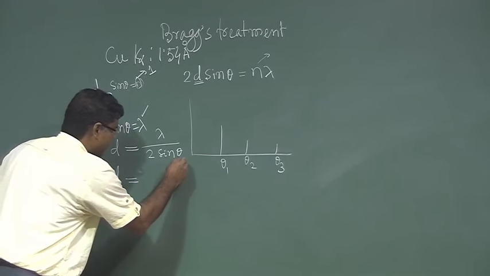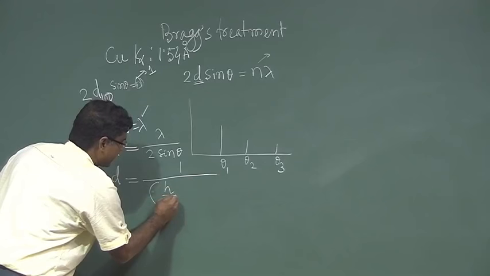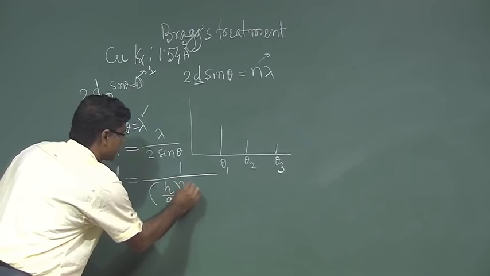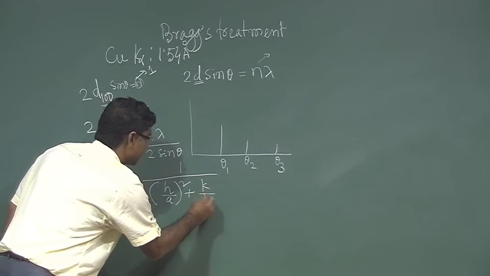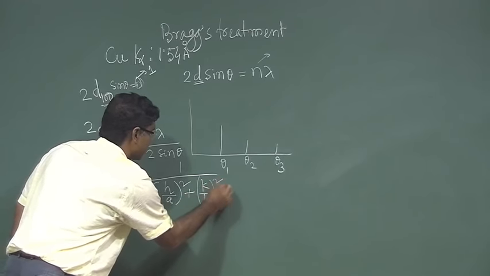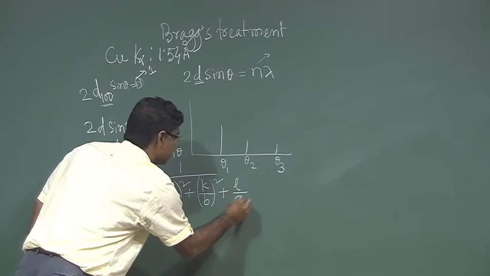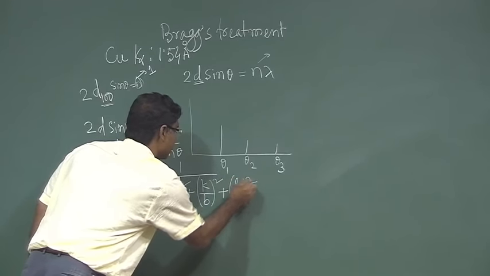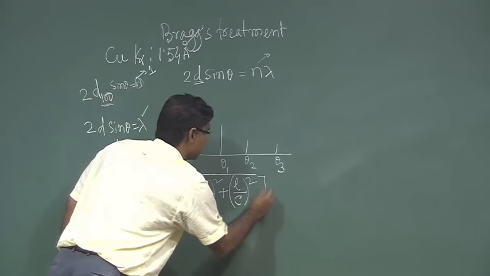It was basically 1 by d equals the square root of (h by a) whole square plus (k by b) whole square plus (l by c) whole square.